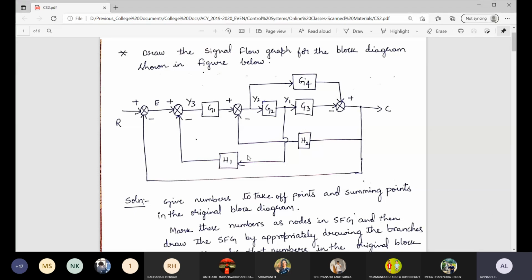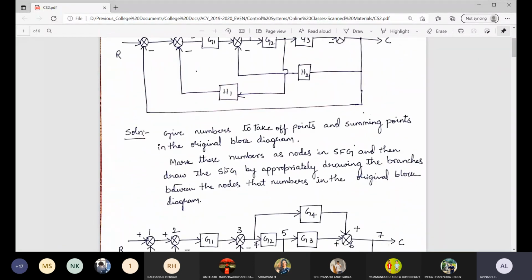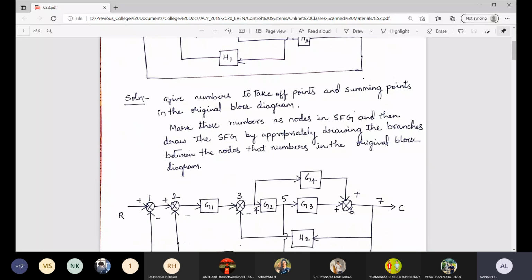Procedure is. So here first thing is, once you write the block diagram, wherever the summing points are there, wherever the takeoff points are there, for them we need to give the numbers. So write the procedure, all of you.